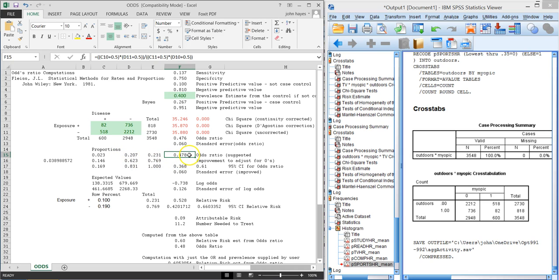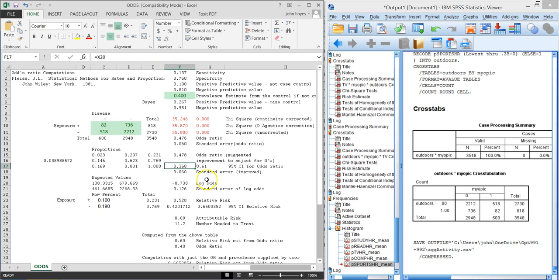So we use an odds ratio that's modified, and basically what it's modified by is it adds 0.5 to each of the cells in order to get away from that problem of not being solvable with a 0 in it.